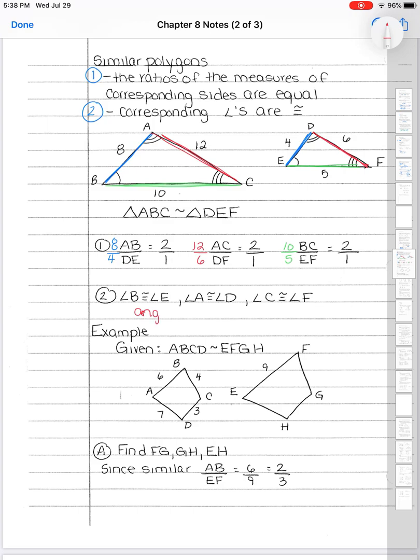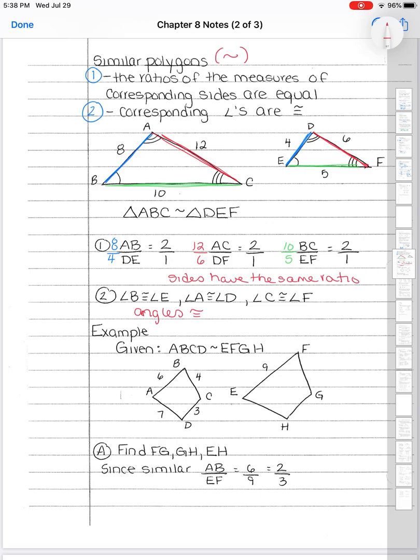and that would get you 8 over 4, which reduces to 2 over 1. If we pick a different pair, B to C would go over here, and that was 10 over 5, which reduces to 2 over 1. The last pair here is AC over DF, which is 12 over 6, which again reduces to 2 over 1.